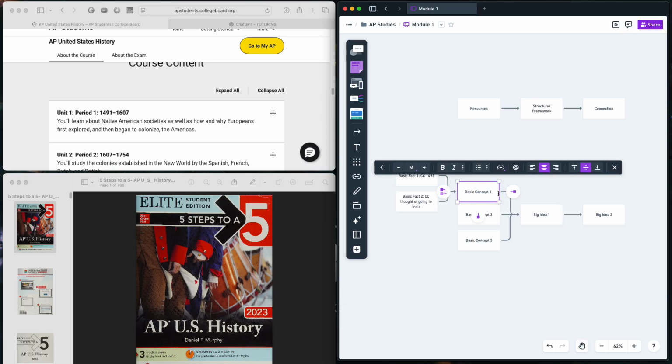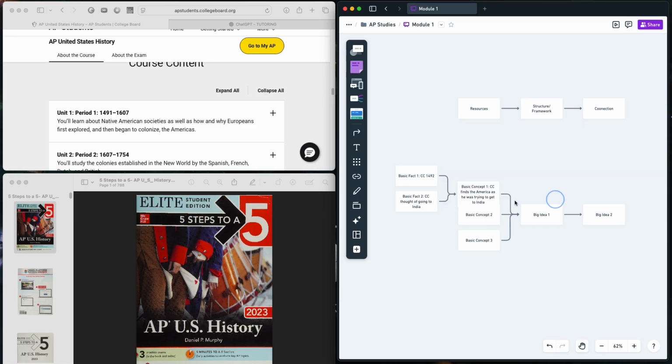So basic concept one: Christopher Columbus finds the Americas as he was trying to get to India. Right? So that's a really good concept one. And notice, even though I've written down the facts, what I really care about is getting this big idea scaffolding going on.